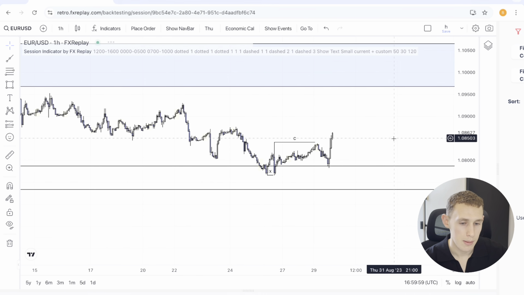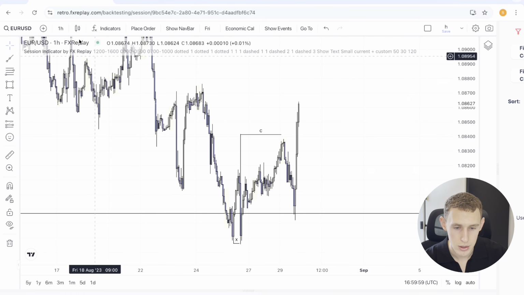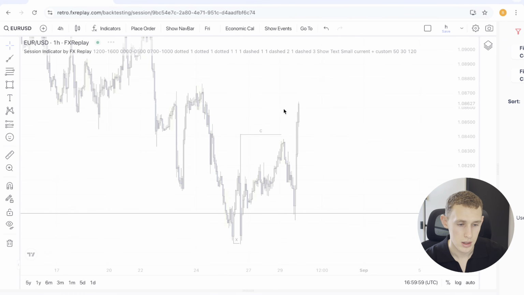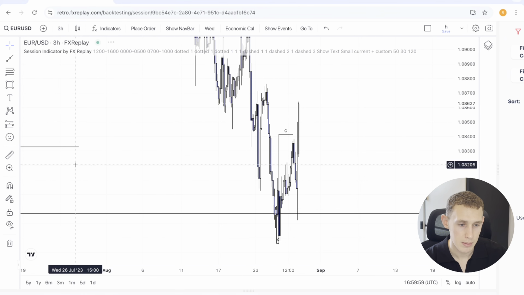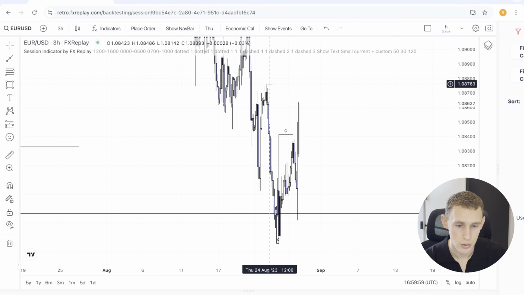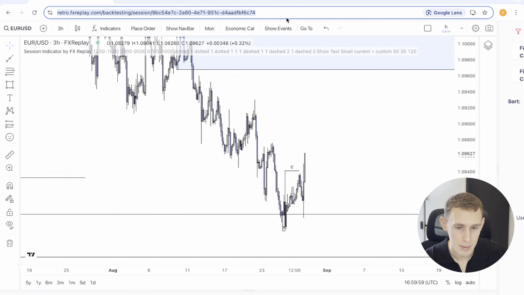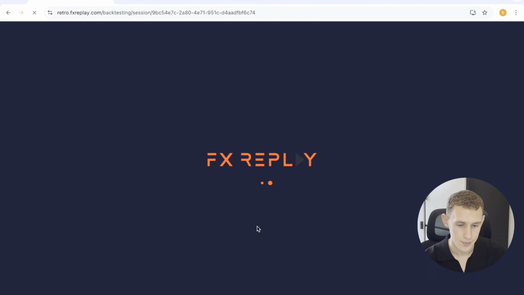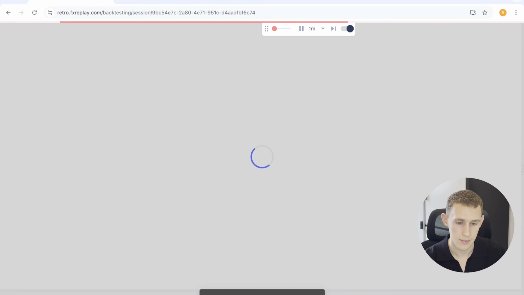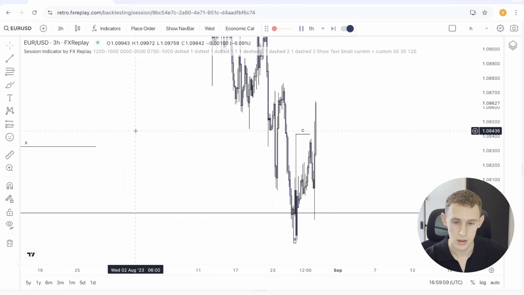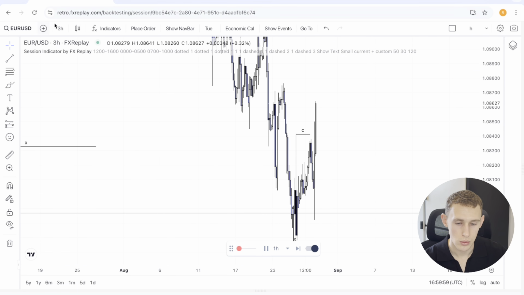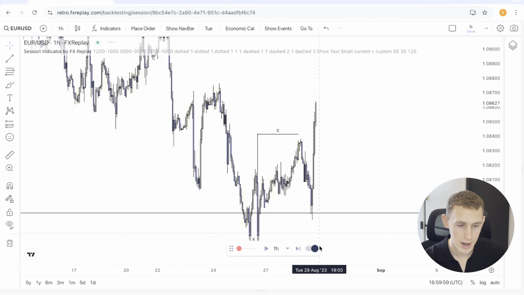So I'm going to look for more buying opportunities up into them. You know, at the very least, you would expect price to come up into this previous liquidity level. Very unlikely that we see a reversal before that. So yeah, cool. Let's have a look if we can get a pullback.